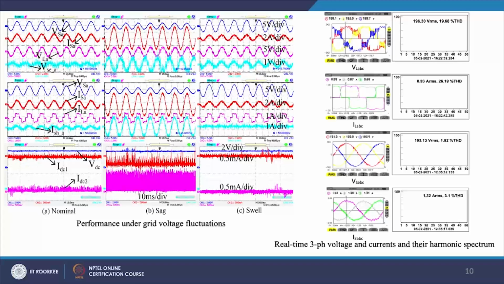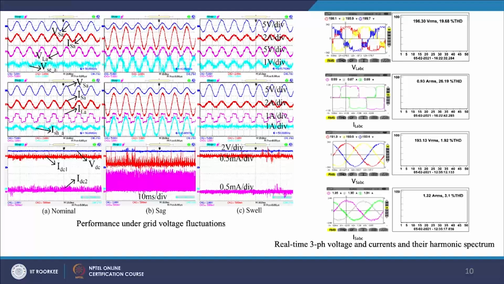With compensation under nominal condition, the 3 phase load voltages, that is VLABC, are around 195 volt line to line with 19.68% THD, and the load current ILABC drawn is 0.93 ampere RMS value with 26.19% THD.